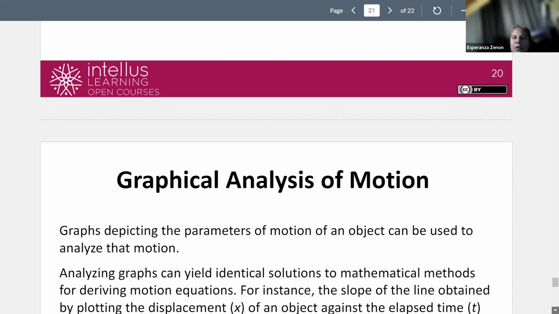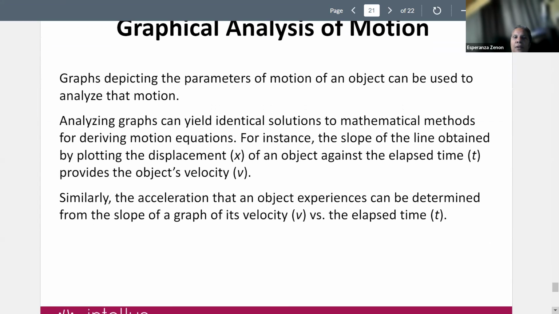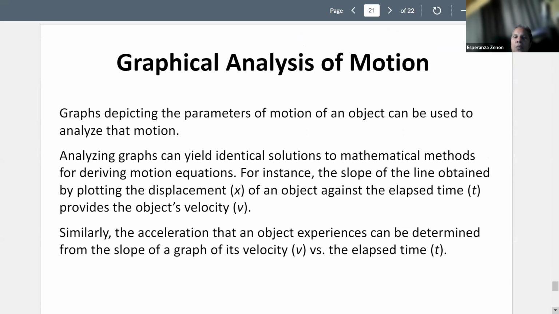So the next part of this deals with the graphical analysis of motion. That gives us another way to describe our moving object, because we don't necessarily need equations to do it. They kind of go hand in hand.